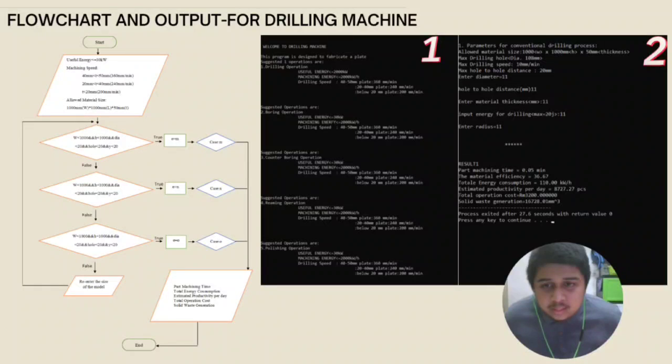Next, at the right side, this is the output that we get, and we have five listed types of operation that are suggested. The first one is drilling operation.